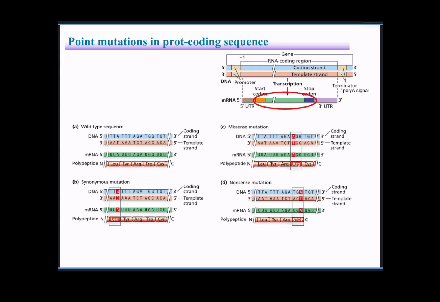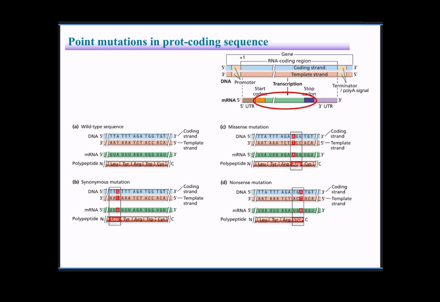That has to do with the adaptive value of having that wobble position in the third nucleotide of a codon, meaning that the first two nucleotides in a codon matter, and then the third one, in many cases, could be any of the four available nucleotides, A, G, C, or U, and the identity of the coded amino acid is still the same. So when a point mutation happens in the third base of a codon, there's a really good chance, with a few exceptions, that it's going to be a synonymous mutation.